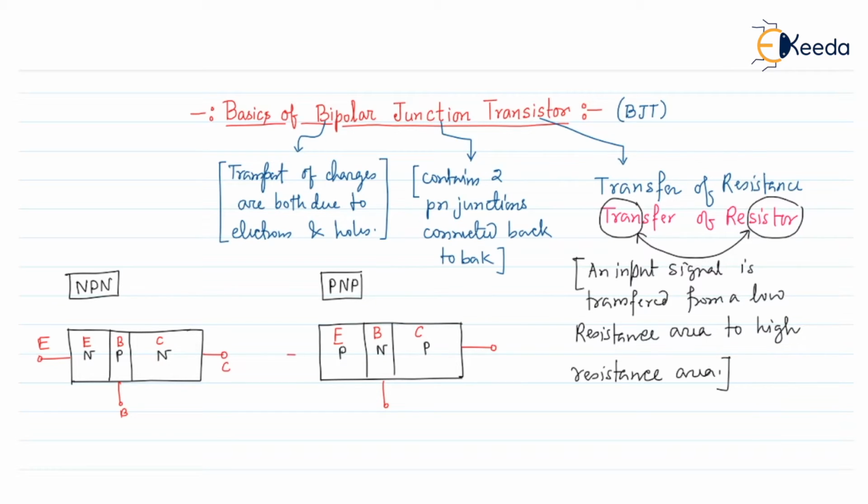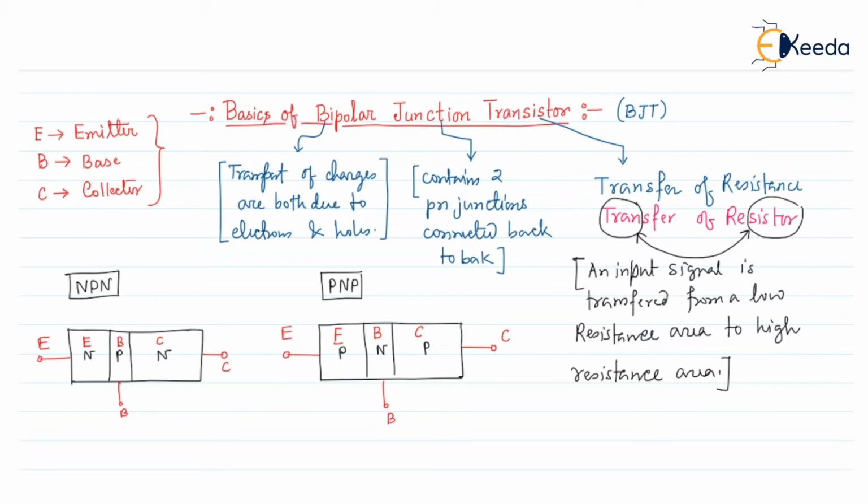So there will be three terminals: the emitter, the collector, and the base. E denotes the emitter terminal, B denotes the base terminal, and C denotes the collector terminal. So there are three terminals in the BJT. That's why it is called a three terminal device.